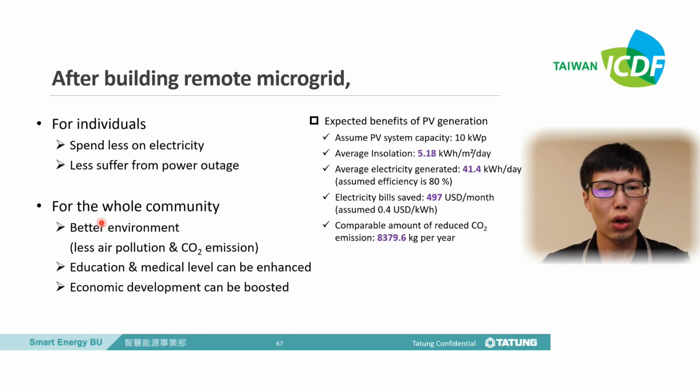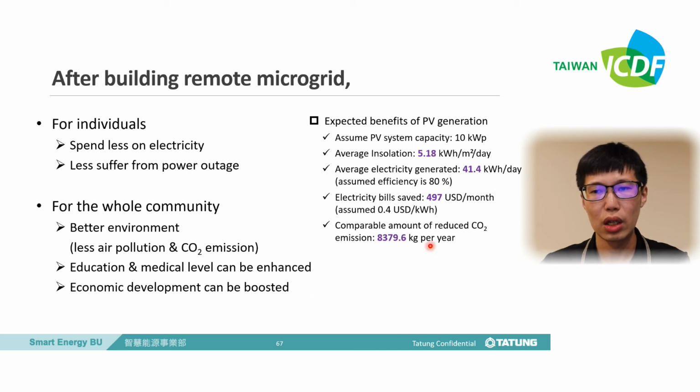And for the whole community, the environment can be better because the air pollution can be reduced and the CO2 emission can also be decreased. And the education and medical level can be enhanced, and the economic development can be boosted.